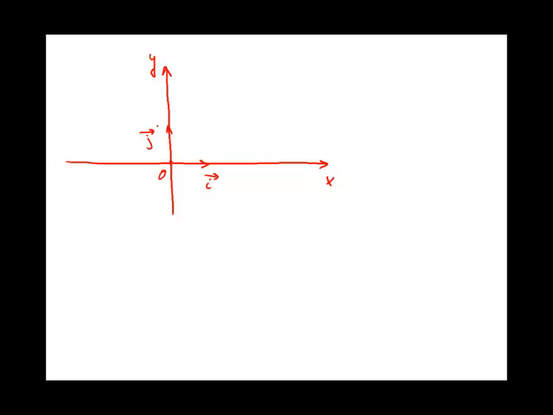Now let's draw some arbitrary vector from the origin for convenience. u. Do you see that we can indeed represent u as a combination, namely linear combination of i and j?